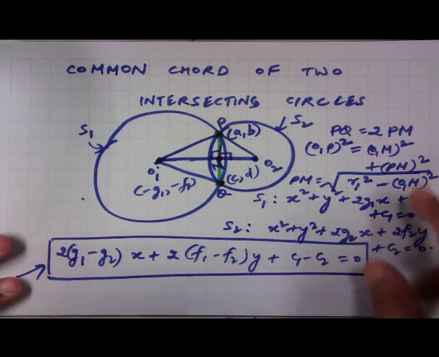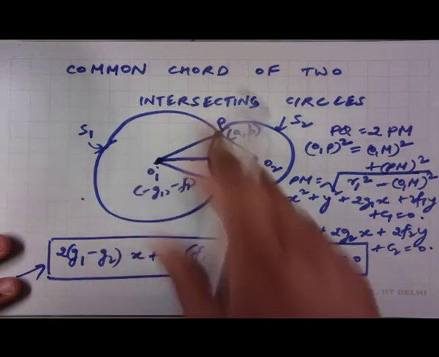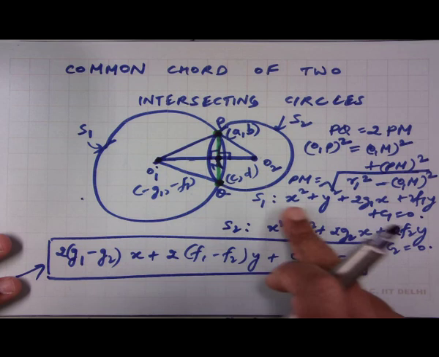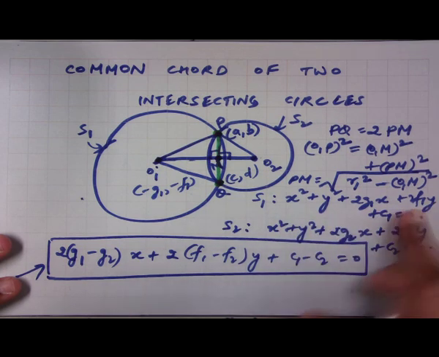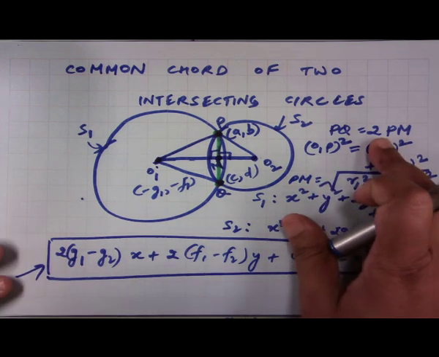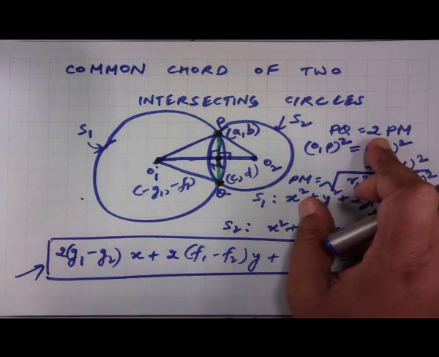And then, since the radius of the first circle is known from its equation, we can find PM, and then we just have to multiply it by 2, and PQ, the length of the chord, is just twice PM.